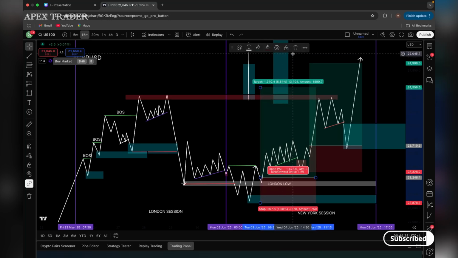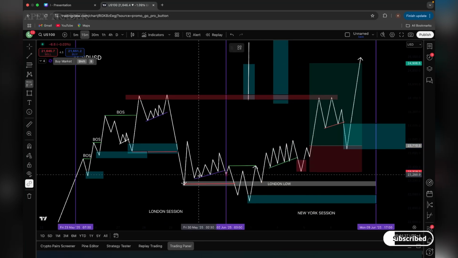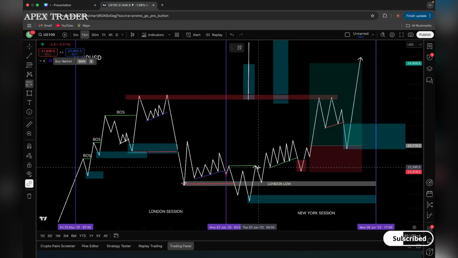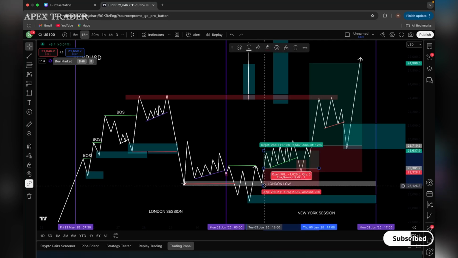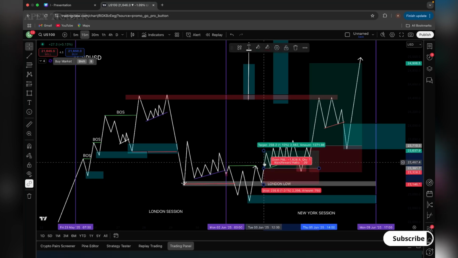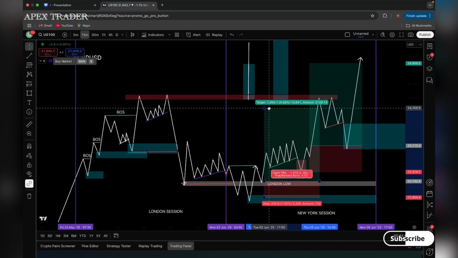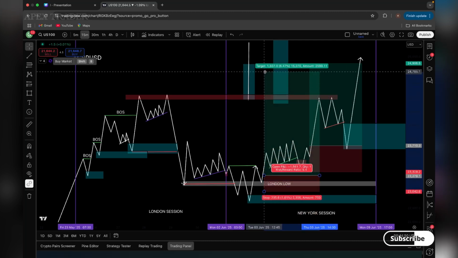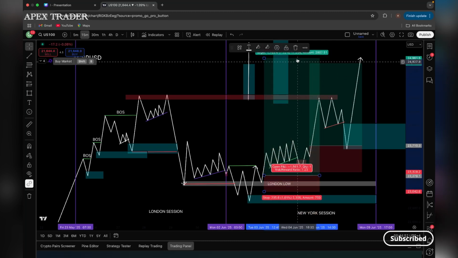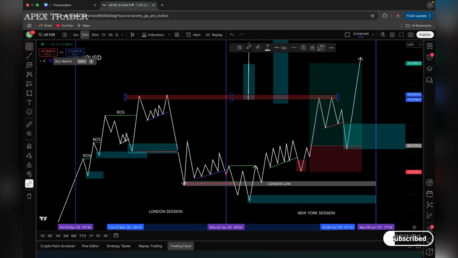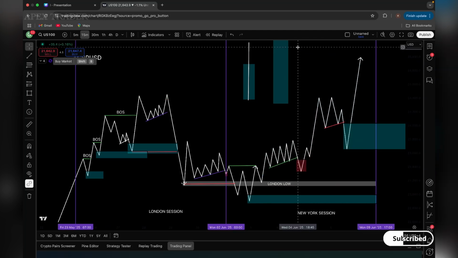Or else, the best I would suggest is to enter over here somewhere after the green candle, then you will easily get 1:7, 1:8. So this is the simple strategy, guys, that's all.